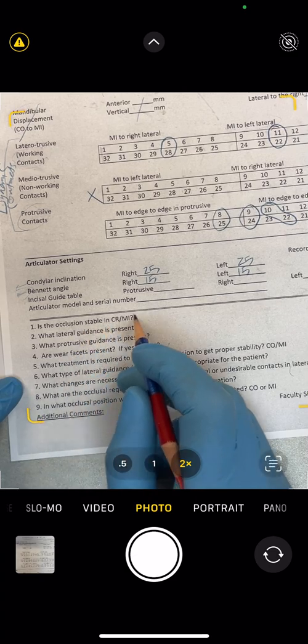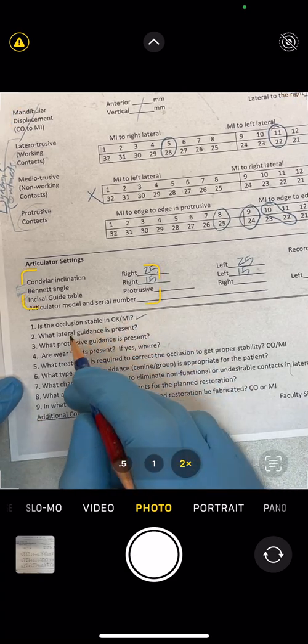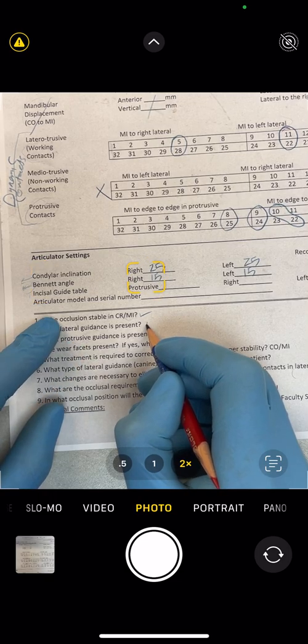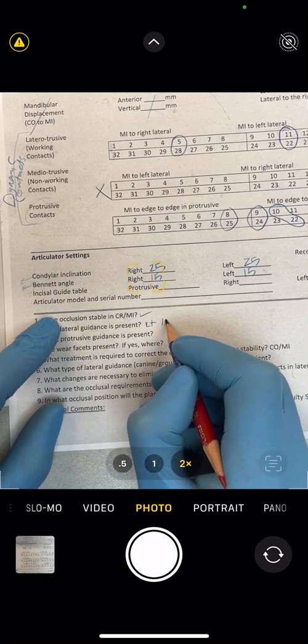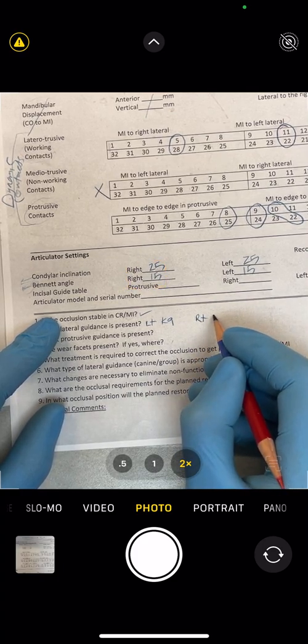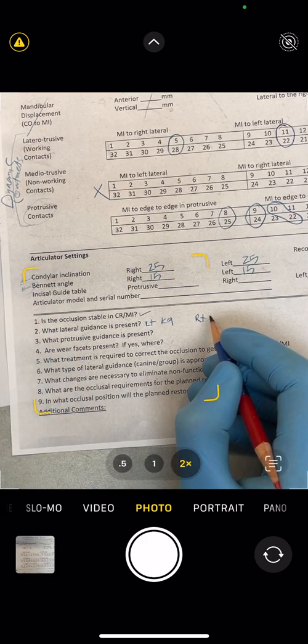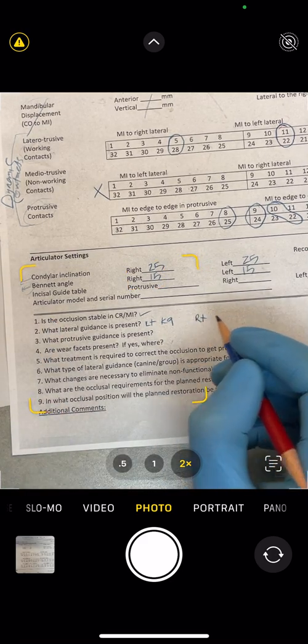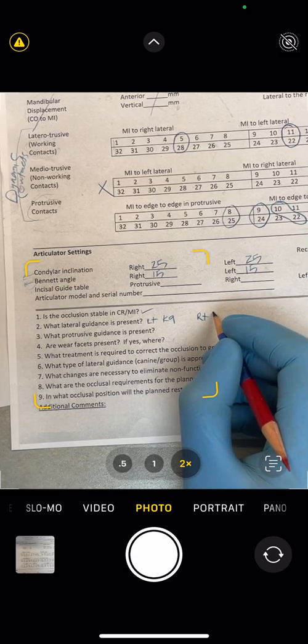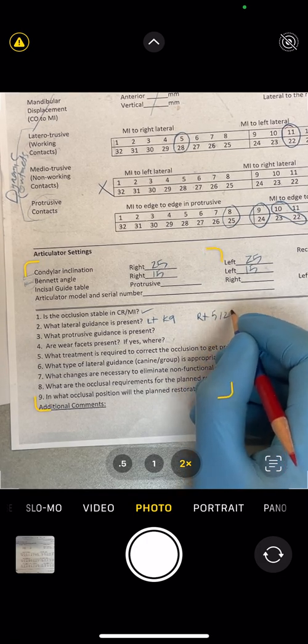The questions here: Is the occlusion stable in MI? Yes. What lateral guidance is present? On the patient left side, it's canine guidance. On the patient right side, it's the premolar, not group function because no other teeth are contributing, just the premolar, which is number 28.